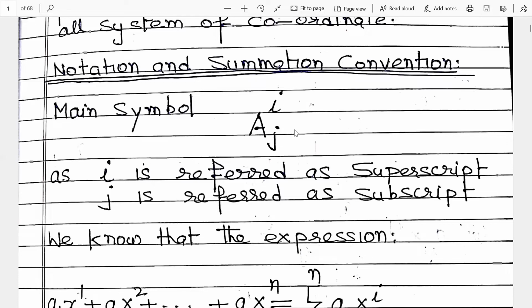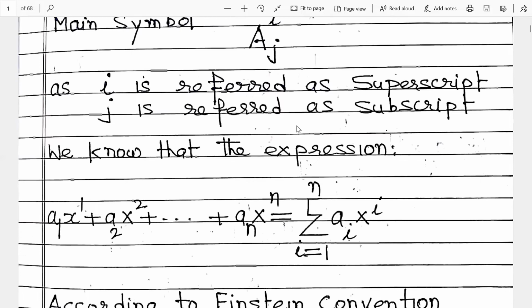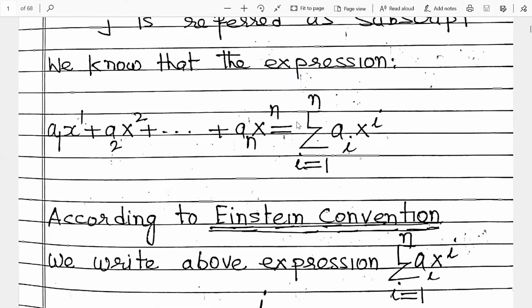So remember this notation. Now we know the expression of this kind: a1 x1, a2 x2, plus and so on, an xn. These are not powers, these are superscripts.